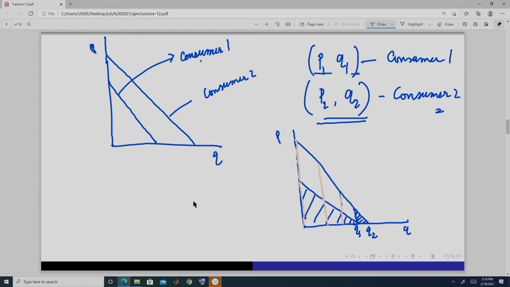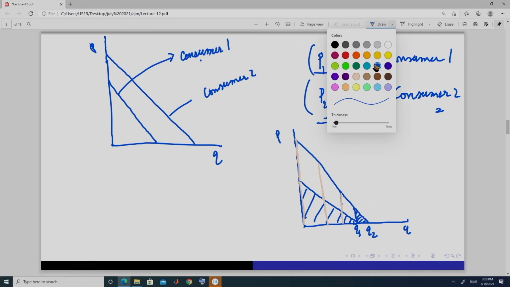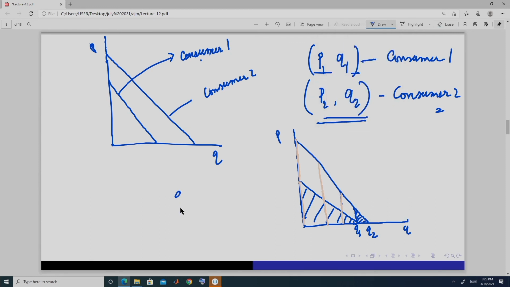So, in this case what will happen? What we will get is that Q1 is always equal to 0 and it will have a package of this and it will charge this whole triangle.